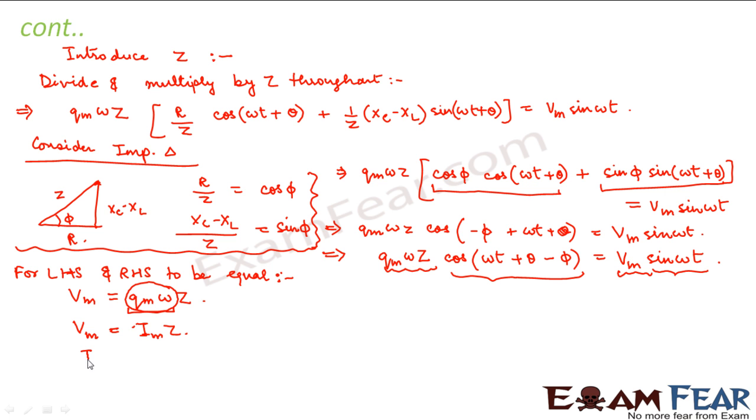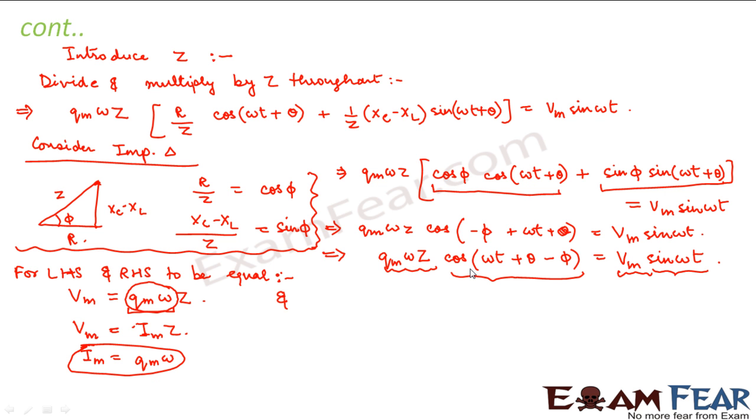So from here we found that Im is equal to Qm into omega. So that is one part. So that is how we found the current amplitude. So for LHS and RHS to be equal, Vm should be equal to Qm omega into Z, and also cos omega t plus theta minus phi should be equal to sine omega t.